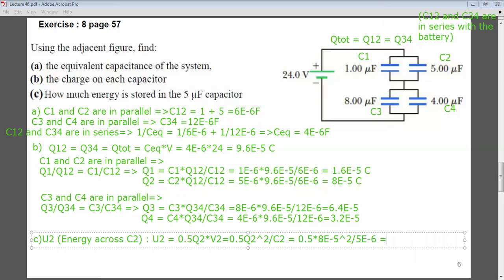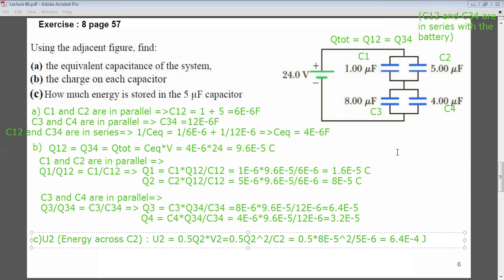And this is equal to 6.4 e to the minus 4.